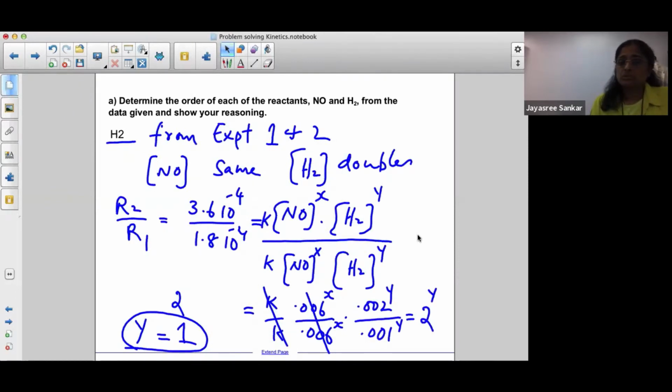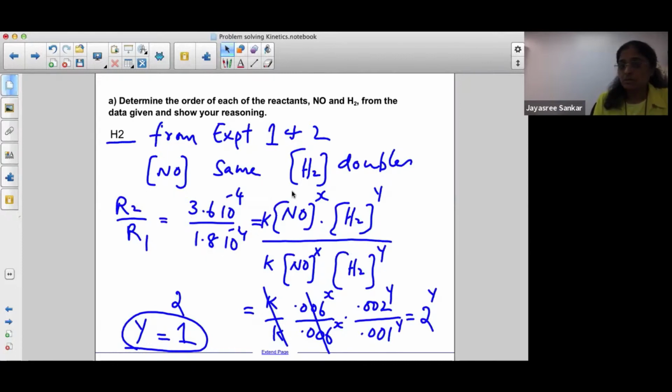When you try to do it mathematically, from experiment number 1 and 2, we take the ratio between those 2 experiments. I usually keep the higher value in the numerator so that it's easy to solve the math. So R2, the rate of experiment number 2, over R1 equals... I substituted the values: 3.6 times 10 to the power minus 4 divided by 1.8 times 10 to the power minus 4.